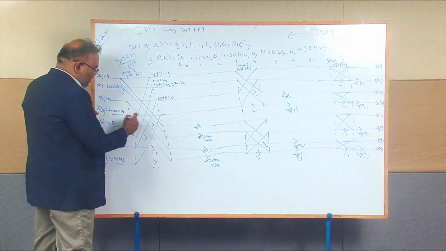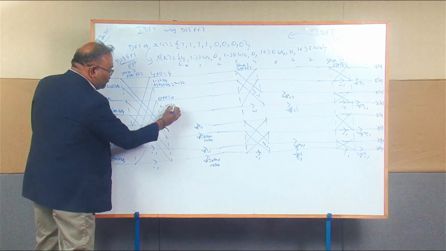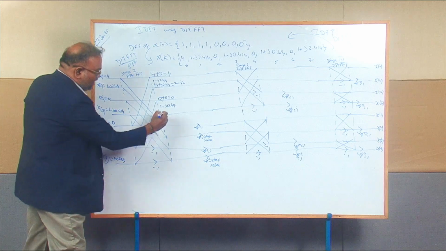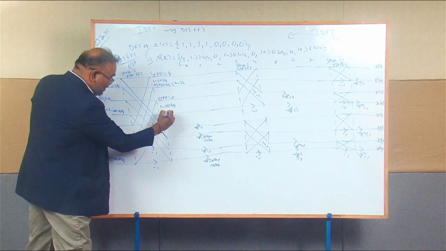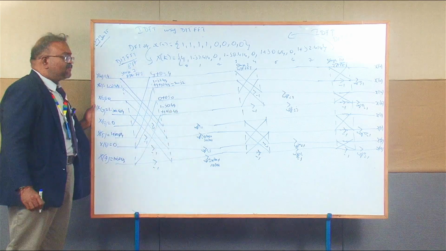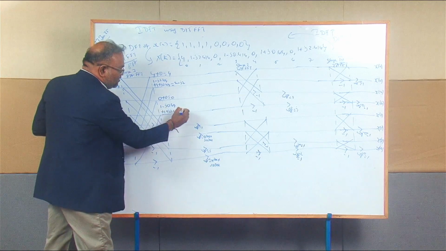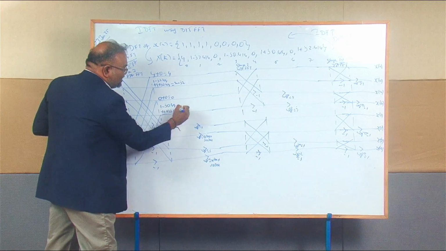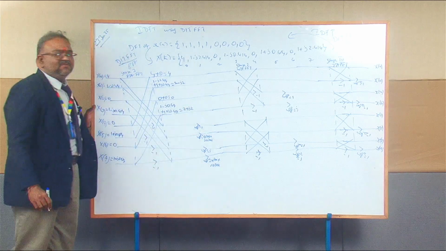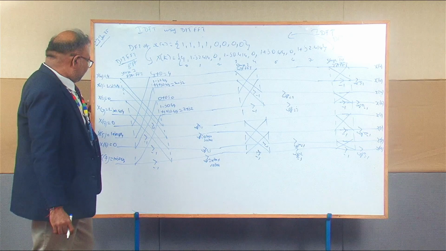So, x of 3, the first value is 1 minus j0.414. The next value is plus 1 plus j2.414. If I add this, 1 plus 1 is 2, and again the same value, plus j2. So, there I had 2 minus j2, here I have 2 plus j2.